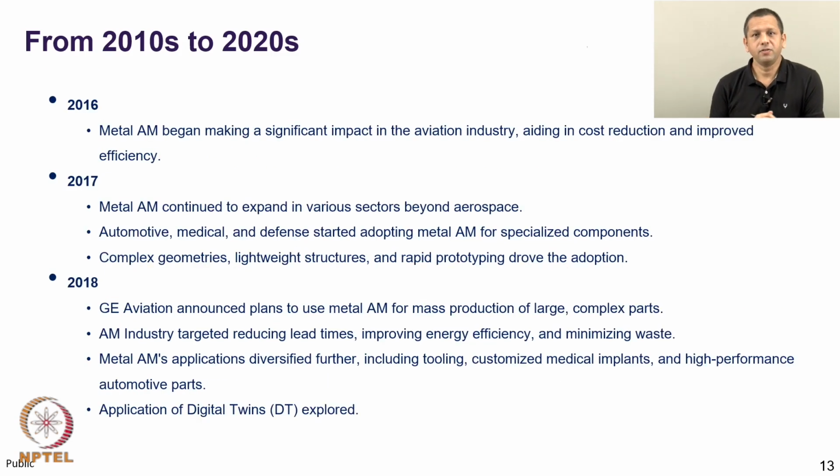In the second half of the 2010s to the 2020s, metal additive manufacturing started making a significant impact on the aviation industry and beyond. This aided cost reduction and improved efficiency of the manufacturing process. Metal additive manufacturing continued to expand in various sectors beyond aerospace.